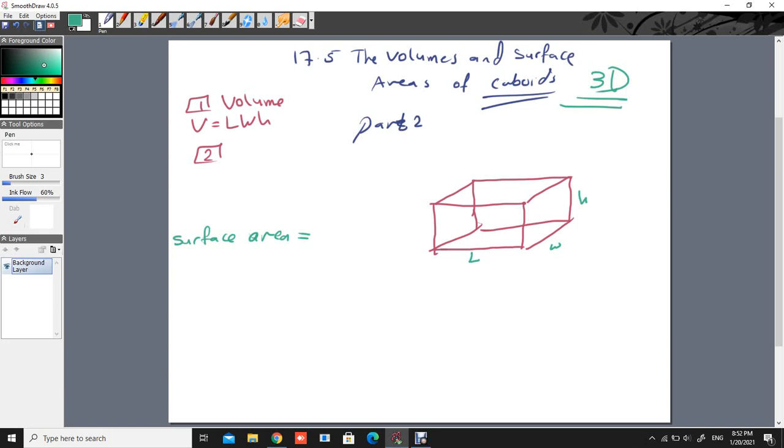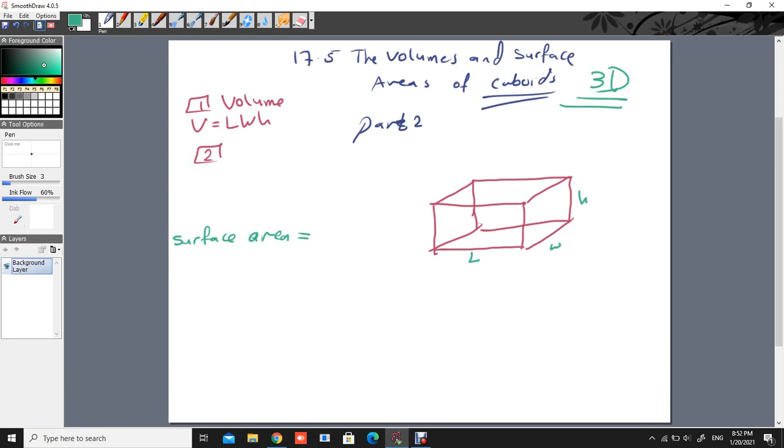So you have to find the area of 6 rectangles. Remember, each opposite sides are the same. The front side is the same as the back side, the right is the same as the left, and the floor and the ceiling are the same thing.